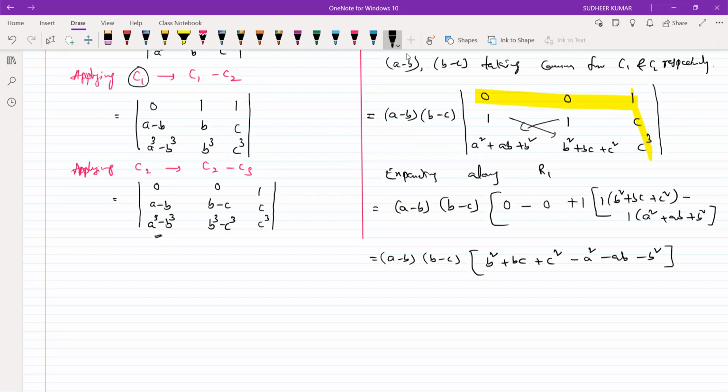Now plus B square minus B square gets cancelled. So can we take any other values common or do they get cancelled? So it is A minus B into B minus C. This is what we can take common now. C minus A we need.